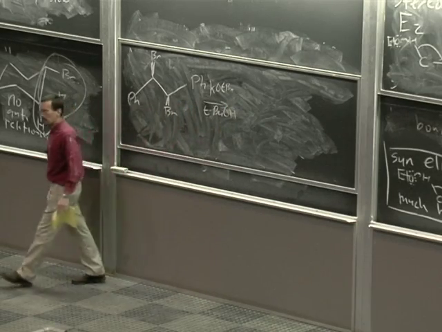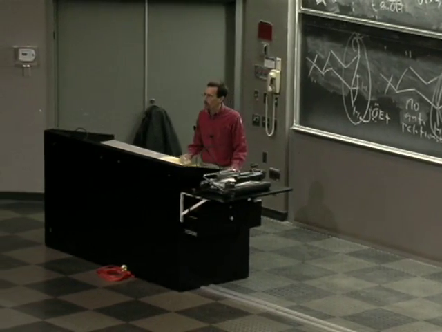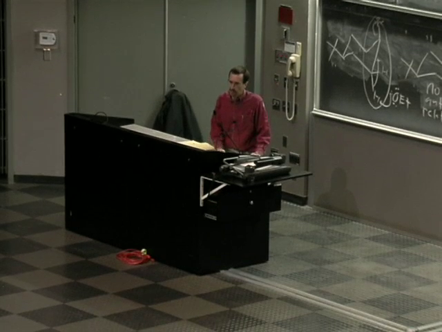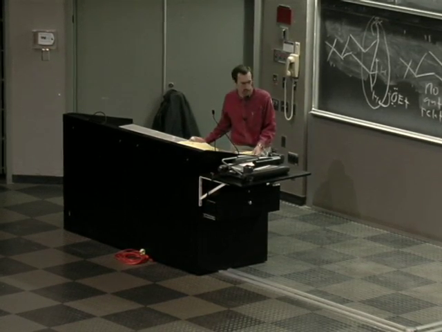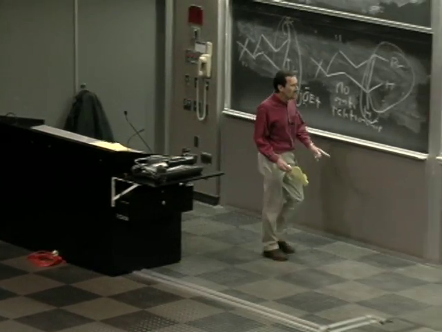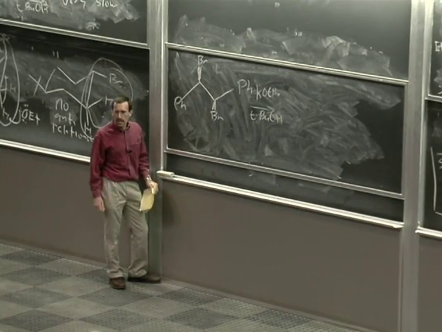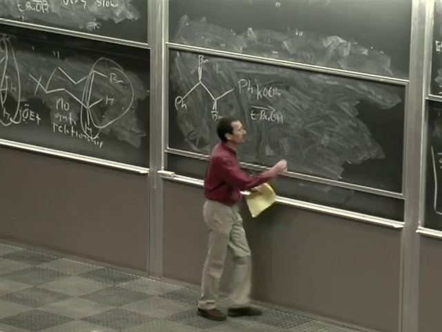Just like in the other examples we've looked at today, taking a secondary alkyl halide with a strong base like ethoxide or tert-butoxide leads to an E2 elimination reaction. What's interesting about this E2 elimination reaction is we get a single stereoisomer of the alkene.